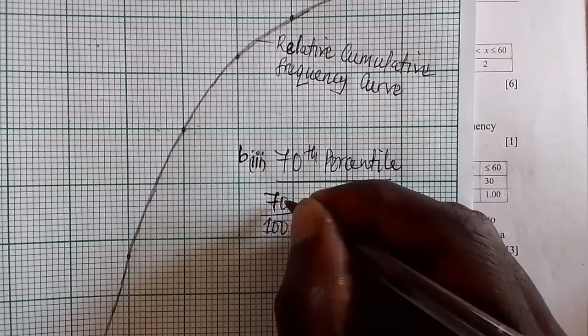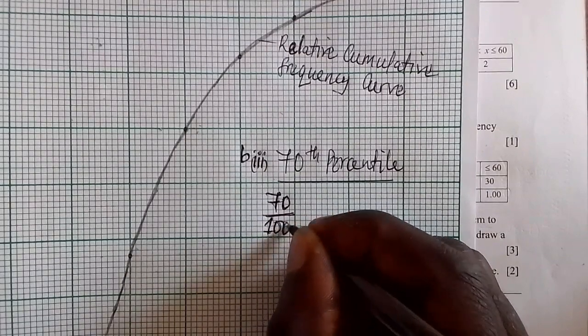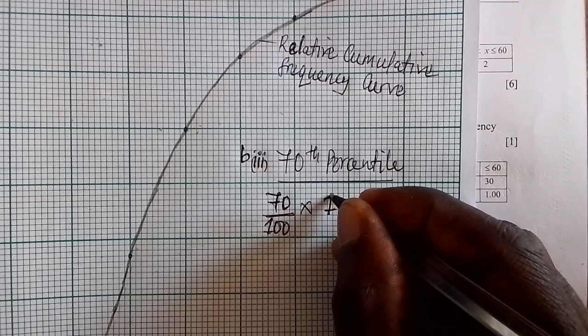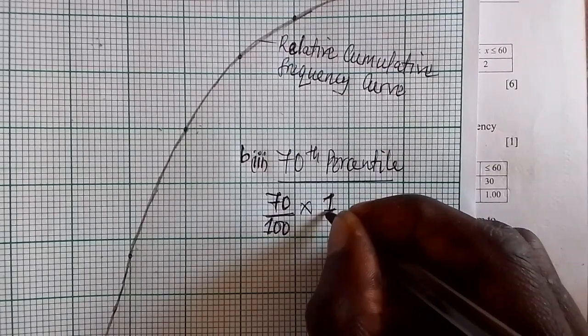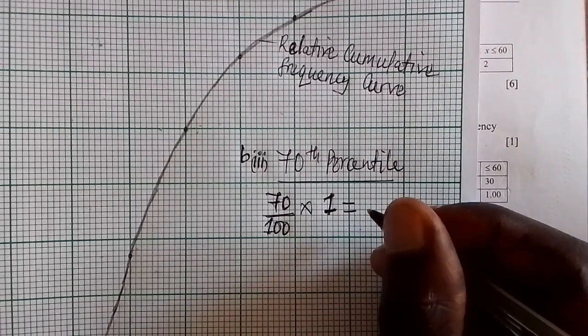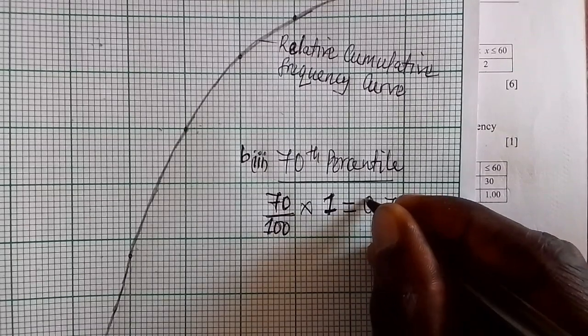And 70% as a fraction is 70 over 100. Then multiply that by 1, since we are looking at a distribution of 1 here. What this gives is 0.7.